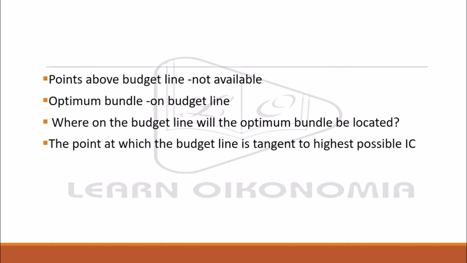Now, what about some points which are above the budget line? If you are given a budget line like this, again with the two goods X and Y, what is a point like D which lies outside the budget line? This is something you cannot purchase with your available budget.